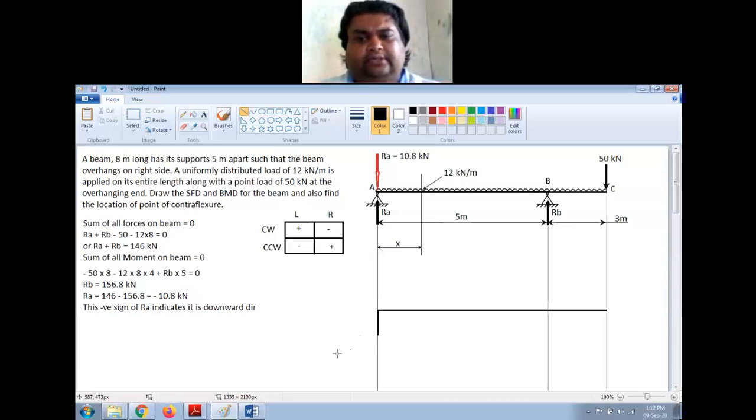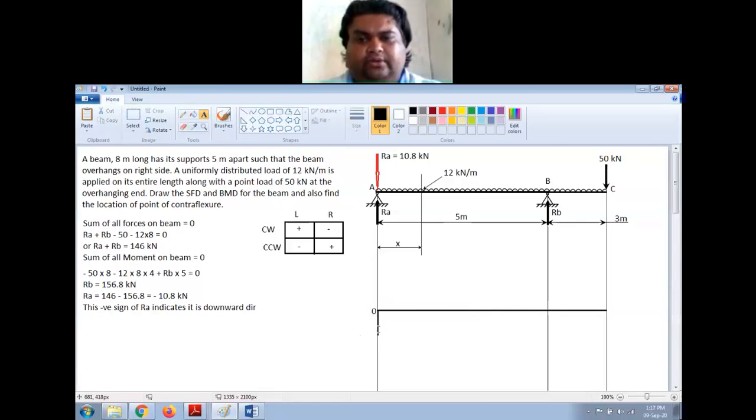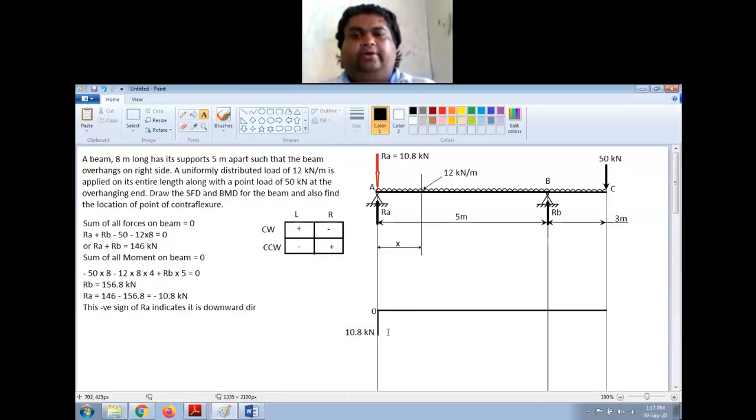Let us say this is 10.8. So I'll write that this is 0 and this is 10.8 kilonewton. All right. So it has come down now.